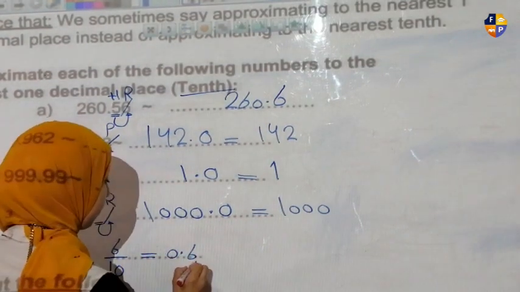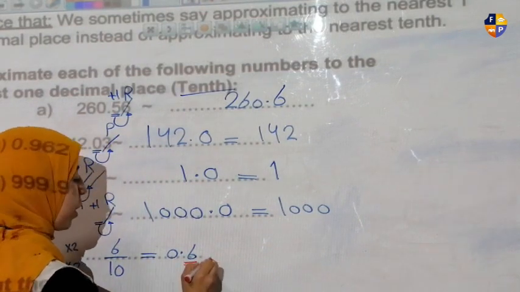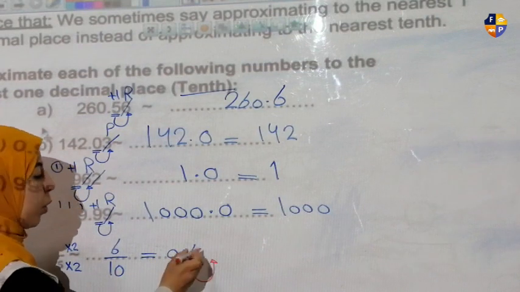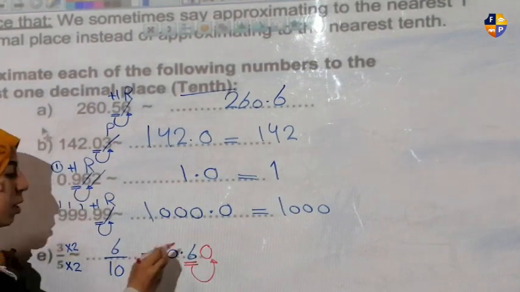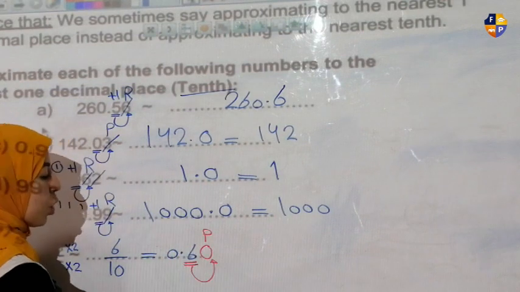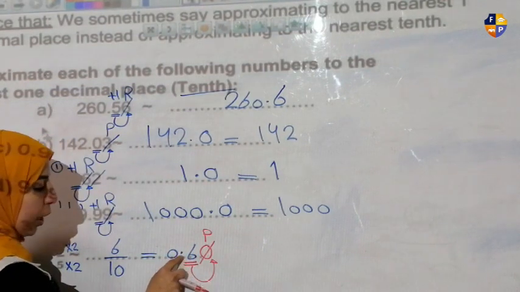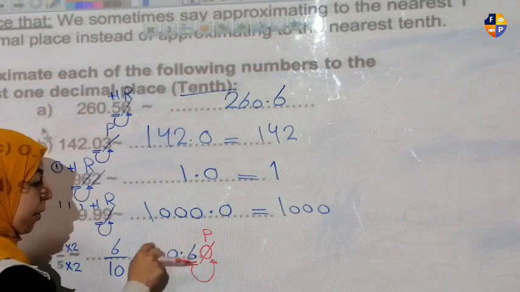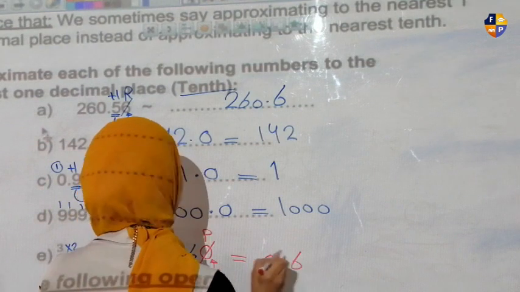Underline the digit in tenths, and look at the digit after tenths. Here I don't have hundredths, so I will put 0 in hundredths to keep its place. 0 is poor, so cancel all the digits to the right of tenths and keep the other digits as they are. So it will be 0.6.